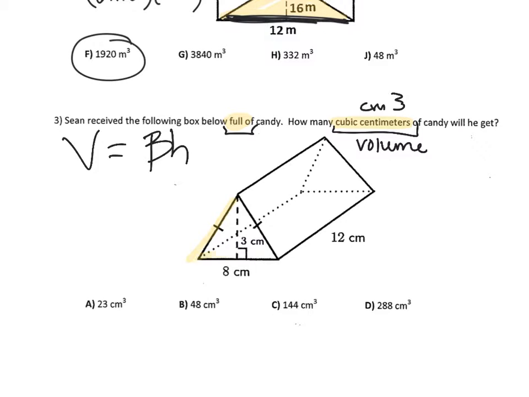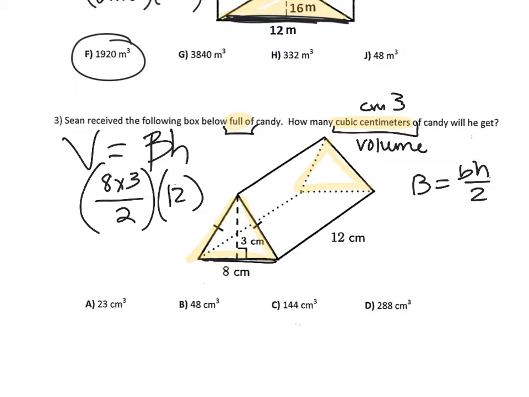If our bases are these triangles, we've got to do base of the triangle times height divided by 2. So base of the triangle, 8, times 3, divided by 2. I'm working it out for those that are not moving that fast. Base times height divided by 2, times the height of the whole prism.